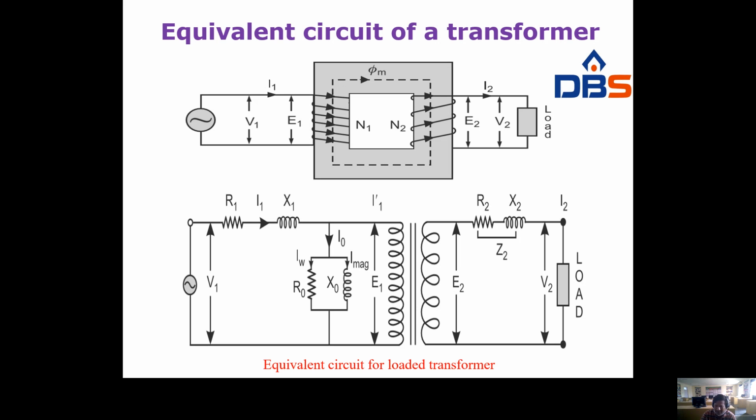The shunt branch parameters are R0 and X0, with shunt branch currents IW and IM. The combination of these two is I0, and the primary current I1 is the vector combination of the no load current I0 and the load component of current I1 dash. I1 is equal to I0 plus I1 dash. The secondary branch parameters are the secondary resistance R2 and reactance X2, with I2 and V2.